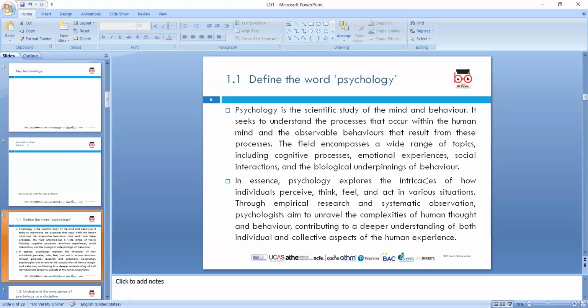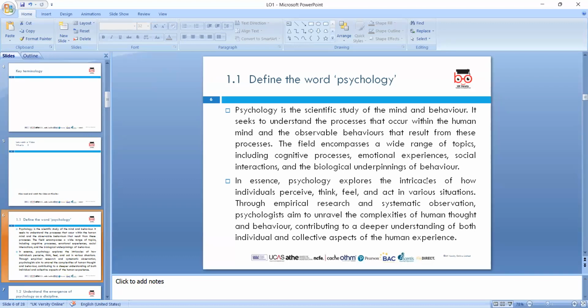The field of psychology encompasses a wide range of topics, including cognitive processes, emotional experiences, social interactions, and the biological underpinning of behavior. In a sense, psychology explores the intricacies of how individuals perceive and give meaning to the information around them. And how do you give meaning to the information around you?